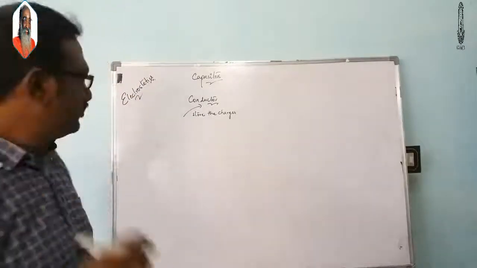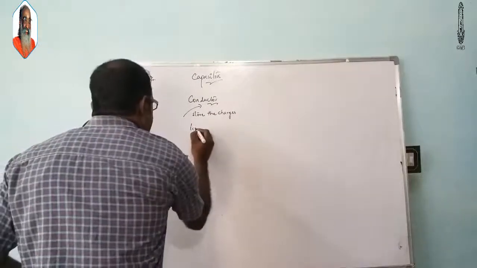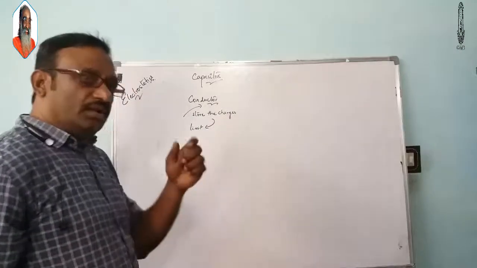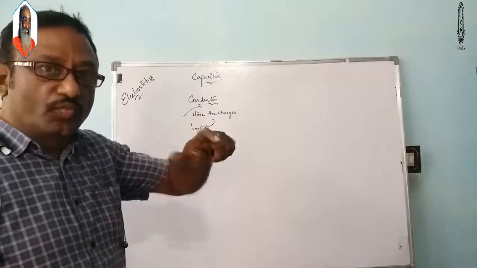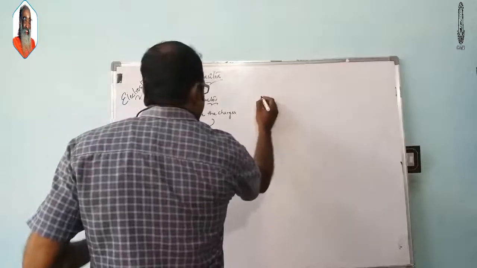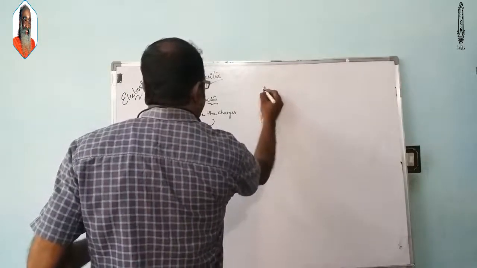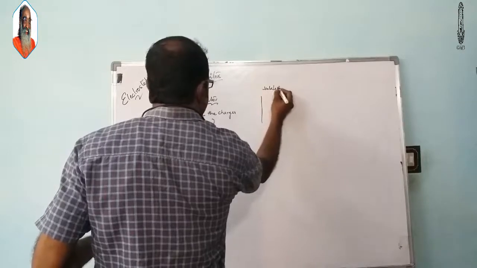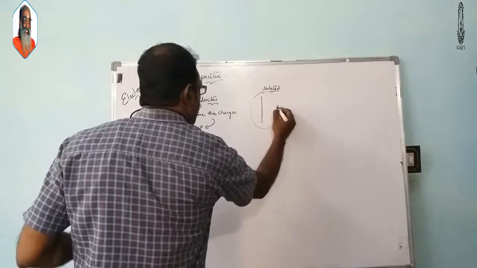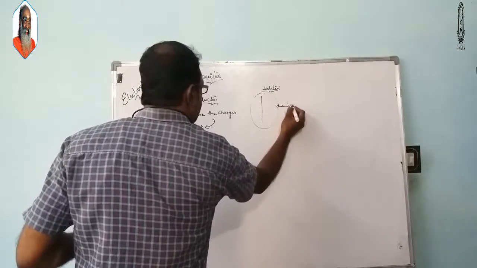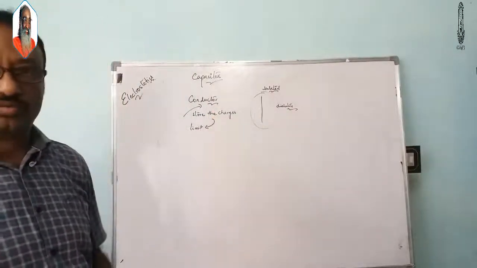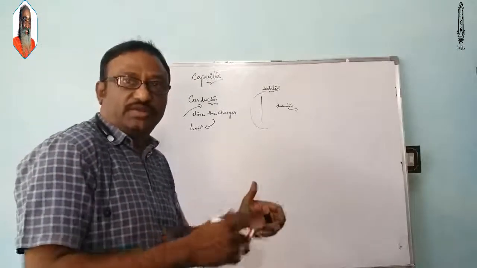And already we came to know there is a limit for storing the charges in the conductor. What happens if we give more amount of charge to the conductor? We know that if you are using a conductor and it is isolated from the surroundings, that means it is surrounded by any insulator or dielectric, and if we give more amount of charge to it, the charges will be leaked to the surroundings.